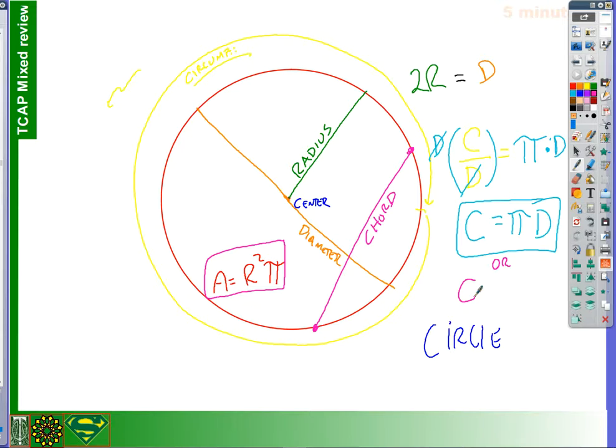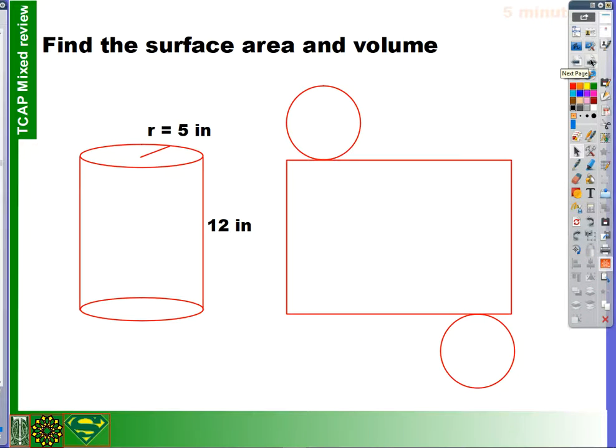So you could also say that circumference is equal to pi times 2 radiuses, because 2 radiuses and the diameter are the same thing. Is that helpful? Very. Okay, good. So with this in mind, you should have no problem doing this. Okay.